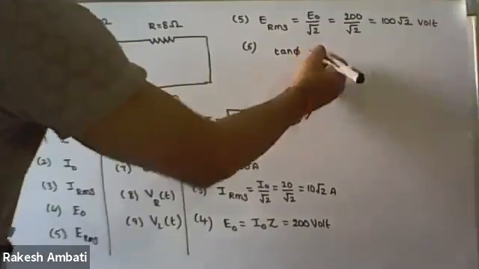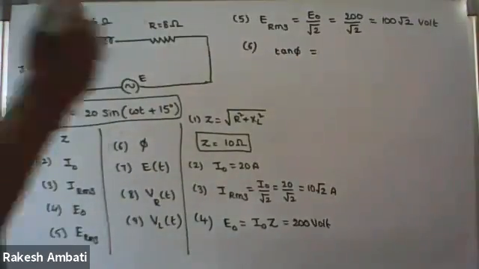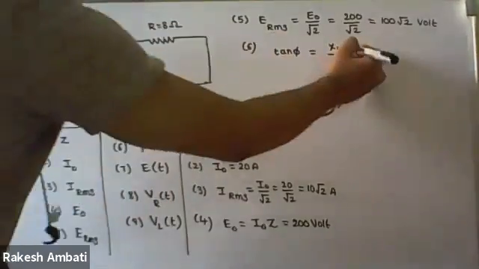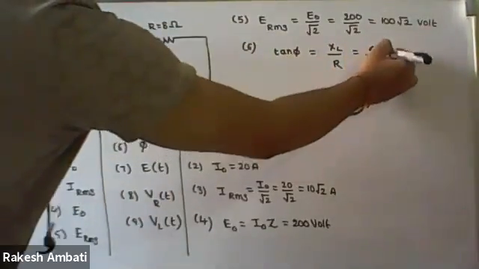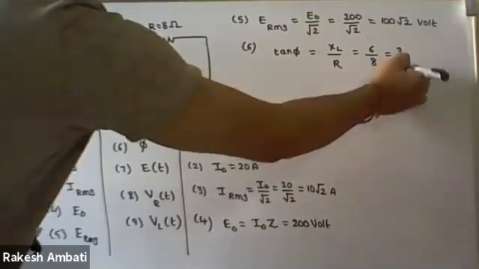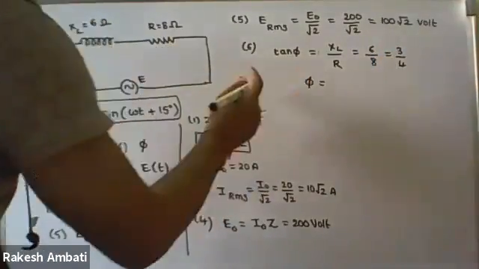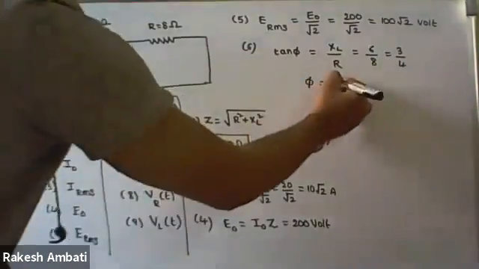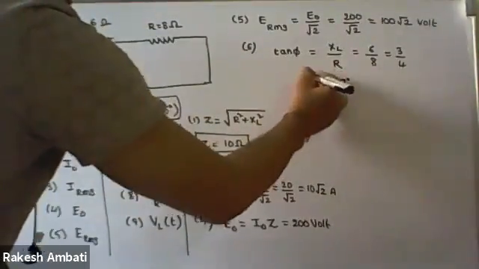Tan phi is XL by R, that is 6 by 8, so 3 by 4. Therefore, tan phi is 3 by 4, so phi is 37 degrees.